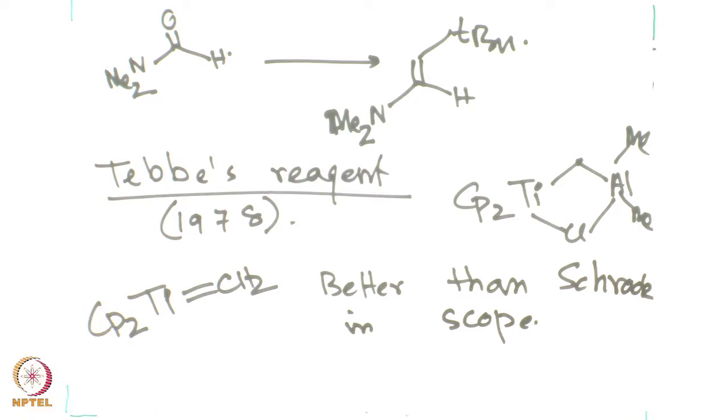So, by using Tebbe's reagent, one can react with aldehyde, ester, ketone, amide, and whatever other functional group which is incompatible with the Wittig reagent can now be incorporated quite efficiently. Let us look at one of those examples by which Tebbe's reagent can be of great use.